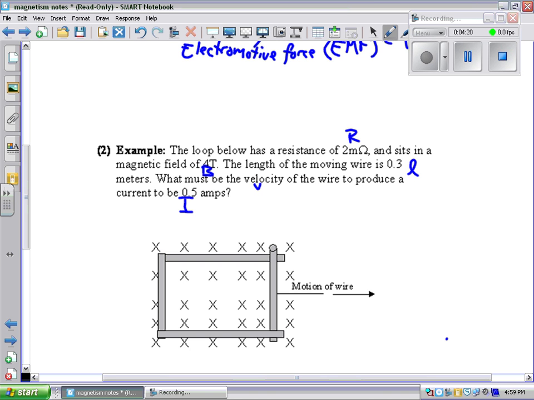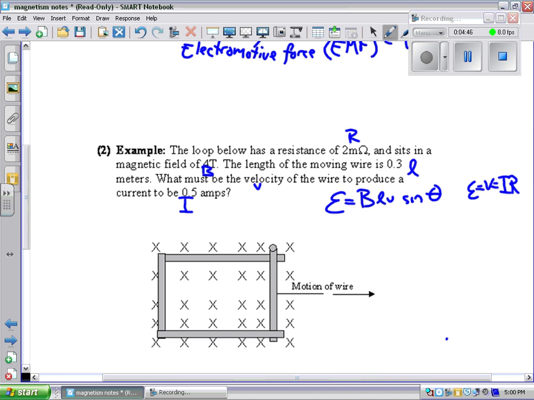So whenever I see a wire sliding across a magnetic field, I'm going to use this equation, the EMF equals BLV sine theta. The problem is I don't have the EMF for this particular problem. Okay, but if you remember, EMF is equal to V, so I can use this fact, E equals V, and V equals IR.